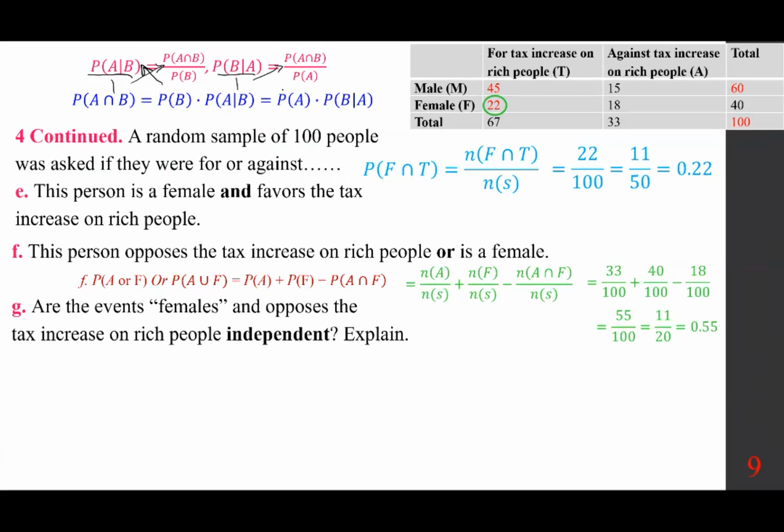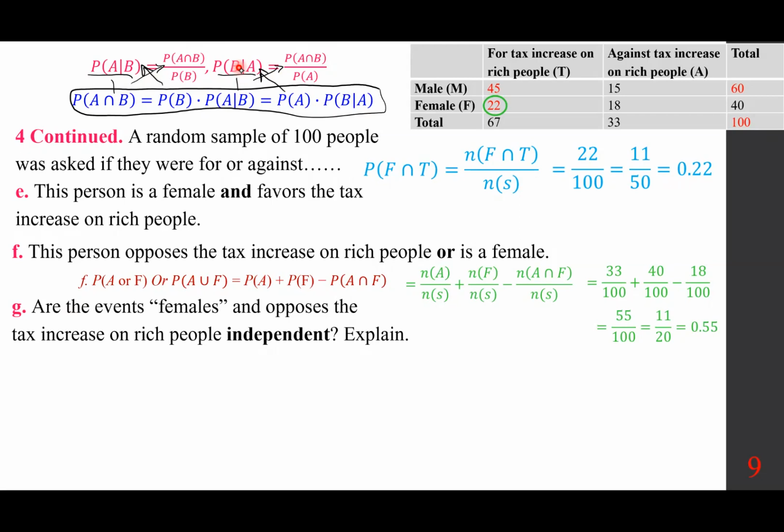You put a 1 here, you do the cross product, and it gives rise to this formula algebraically. I hope everybody is following that. So to show you, probability of A intersection B is probability of A given B times probability of B. Or in this case, probability of A intersection B is probability of A times probability of B given A. So that's the definition of probability of A intersection B.